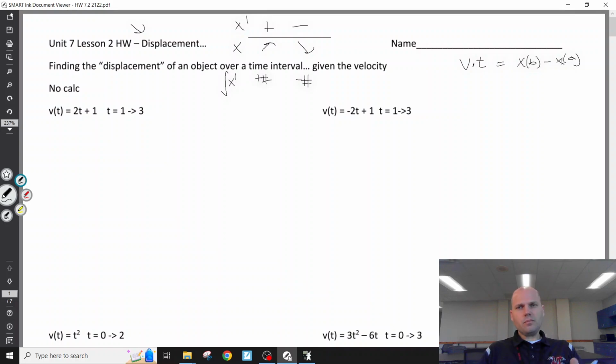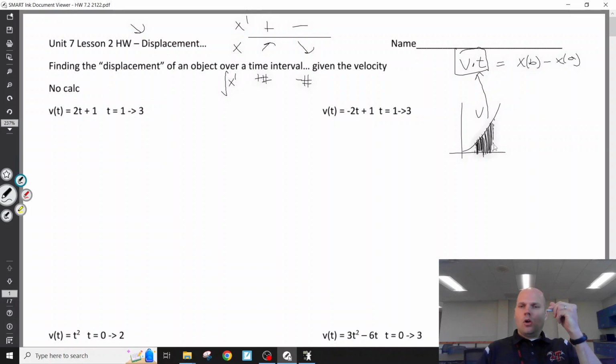This is easily done if velocity is constant. But if velocity is changing, we at least can understand that v times t, or the area under v times t, would be the representation of the amount that I've traveled.